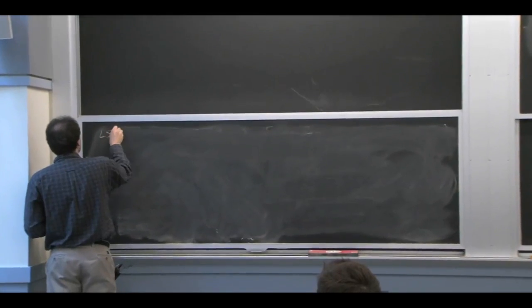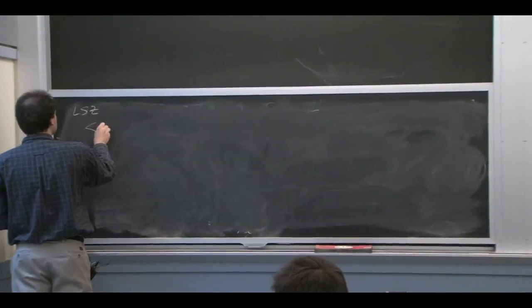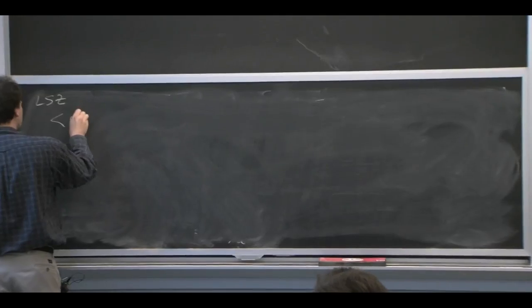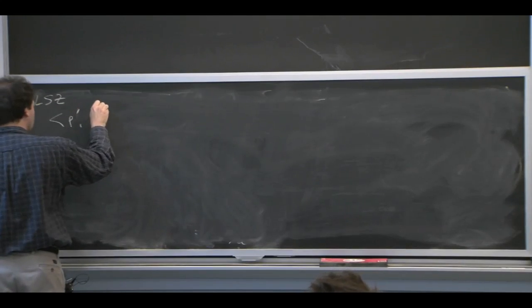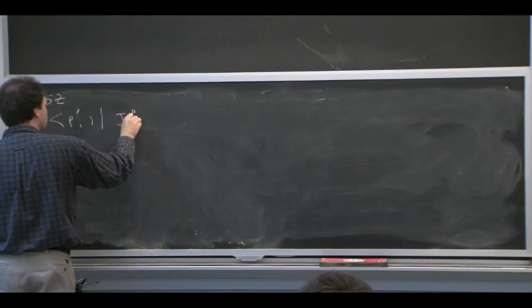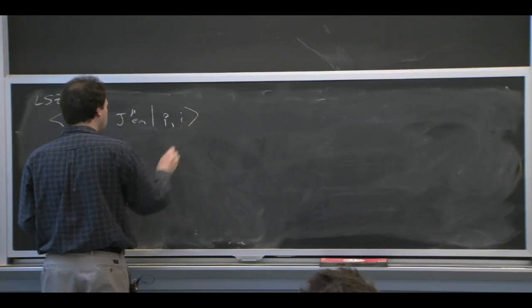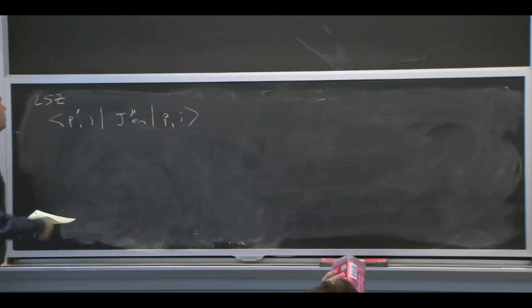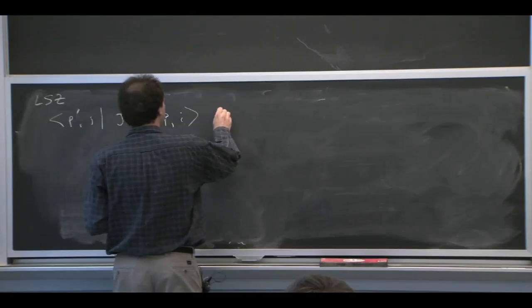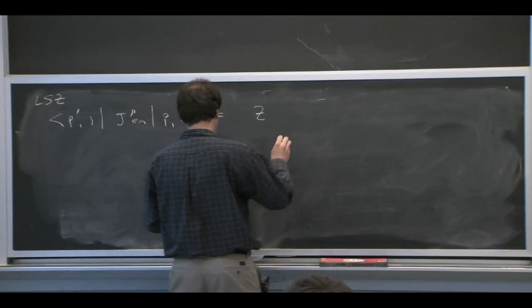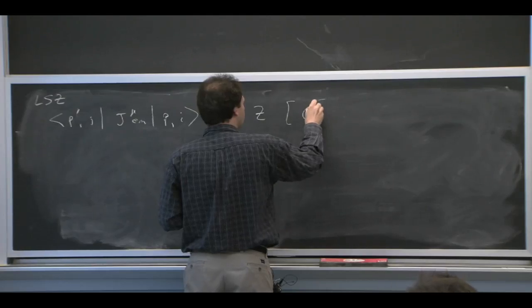So what does LSZ say? So LSZ says that if I have this state, P prime, J out, J mu electromagnetism, P I in, I is like a spin index because we have a triplet under spin. Then this is how you should calculate it.